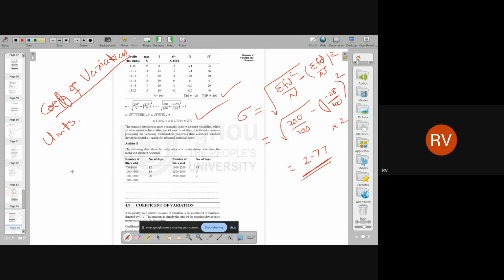That is height: the observation has units in centimeter. Weight observation has units in kilogram. But how to compare two data? If we compare two data, we have to find the coefficient of variation.